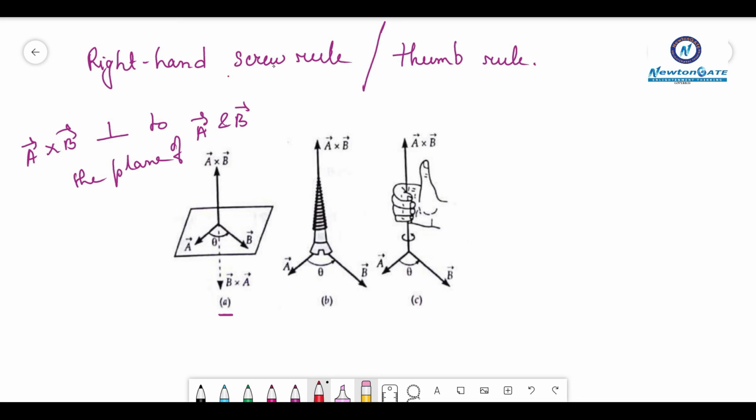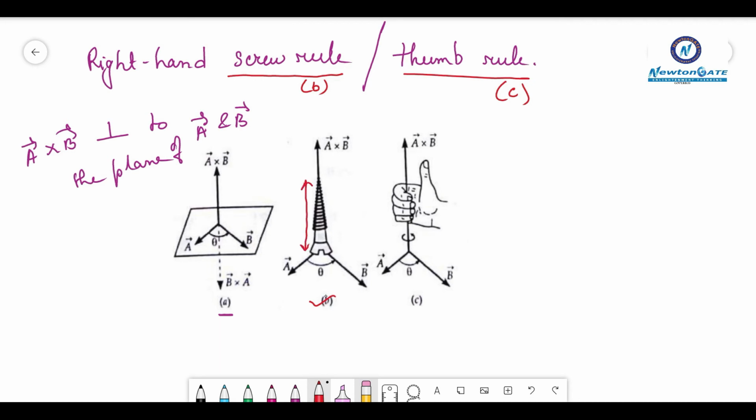So let's talk about the first one, that is right hand screw rule. For this, you can refer to picture number B, and for thumb rule, you can refer to picture number C. See picture number B, this is the screw portion.